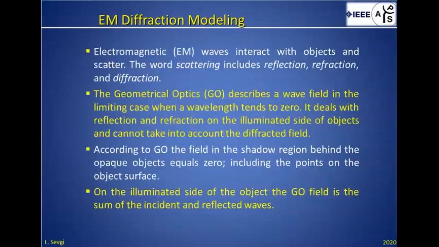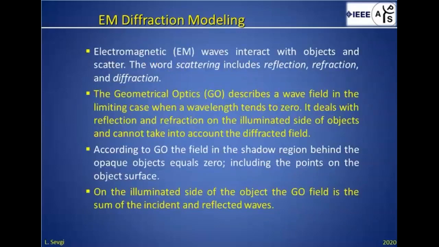Okay. As I said in the last few slides, electromagnetic waves interact with objects and scatter. But the word scattering is general. It includes every electromagnetic phenomenon, like reflection, refraction, and diffraction.